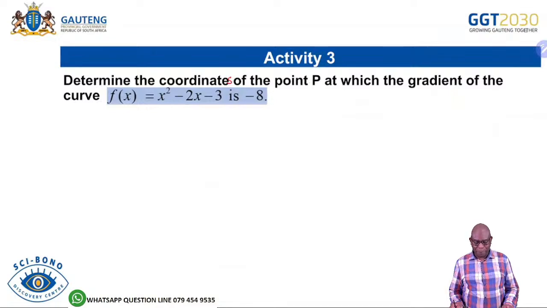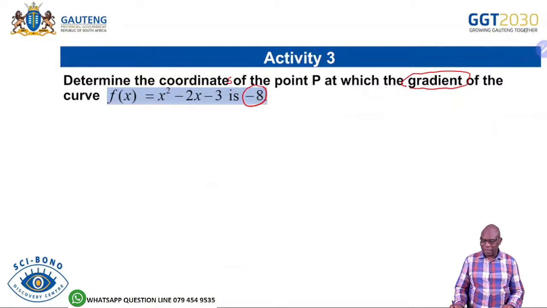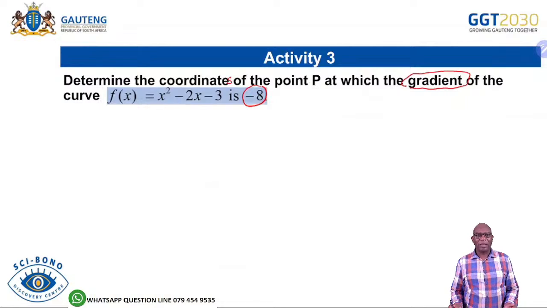Coordinates of point P at which the gradient, you see in this case here, the gradient is -8. So what is given? You are given the gradient. So what is missing? It's a point. So we don't have this point here, it's not there. That's exactly what it means.